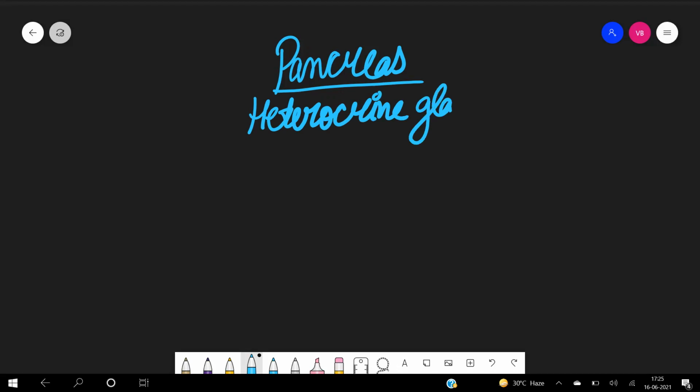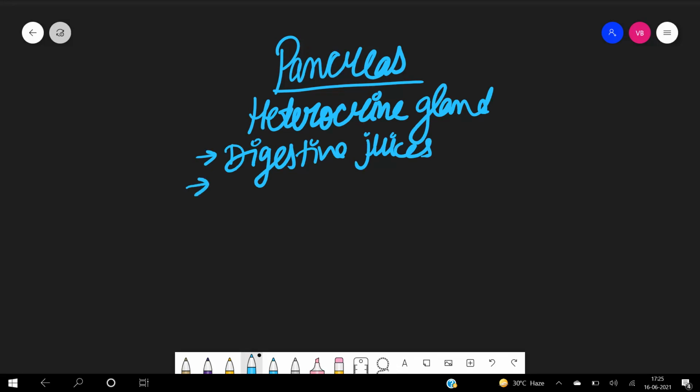Why is it known as heterocrine gland? Actually, half of the cells of pancreas release the digestive juices. And half of the cells release the hormone, that is insulin. So that's why it is known as heterocrine gland.